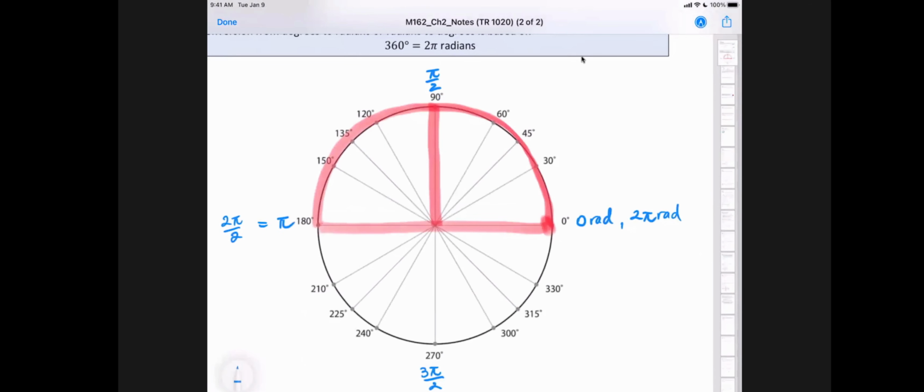Do the full loop, that would be 4 pi over 2, which simplifies to 2 pi. So when you're going around the quadrantal angles, you're counting by halves. Okay, so those are all the quadrantal angles covered.